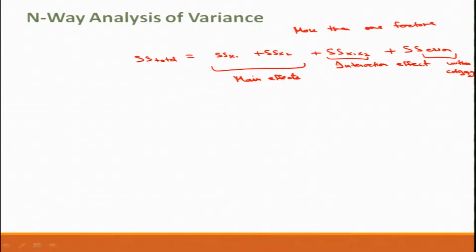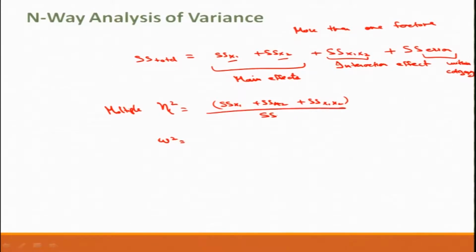In this case we have the overall effect, known as multiple eta square, and we have omega square as well, which gives the individual effects. So this eta square for two-way ANOVA with x1 and x2 is calculated as SS x1 plus SS x2 plus SS x1 x2, divided by SS total or SSY.